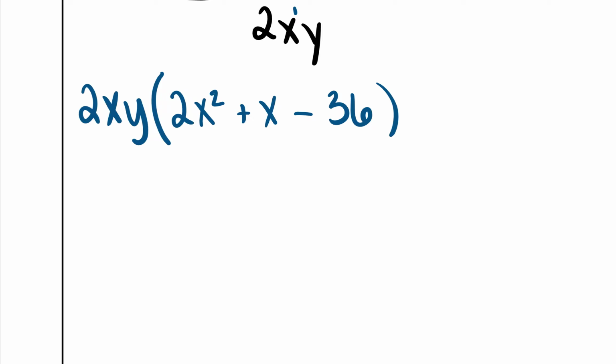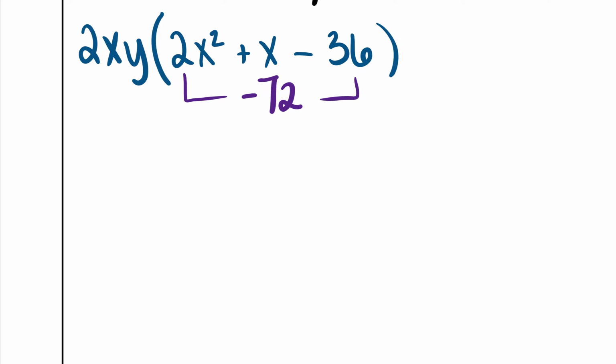So, of course, like normal, what we've been doing, I multiply the first times the last. 2 times negative 36, negative 72. Okay, now I want two terms that multiply to negative 72 and add to positive 1. That's my 1x, right?